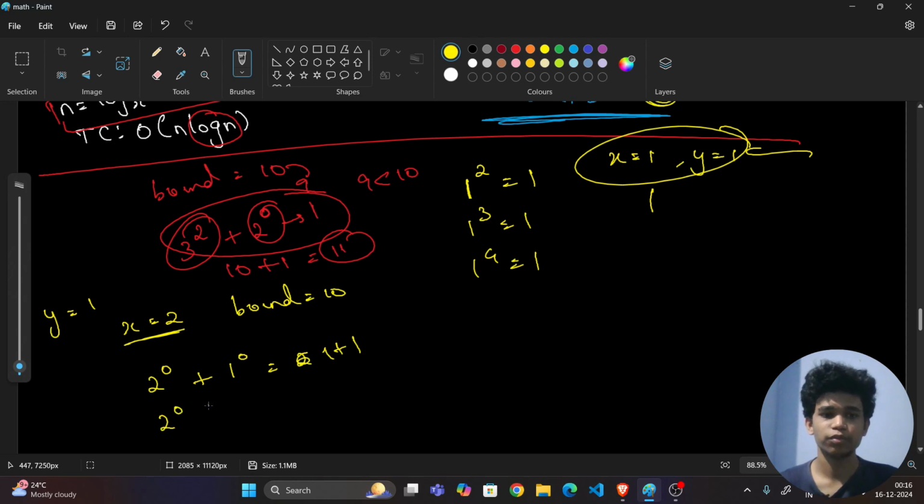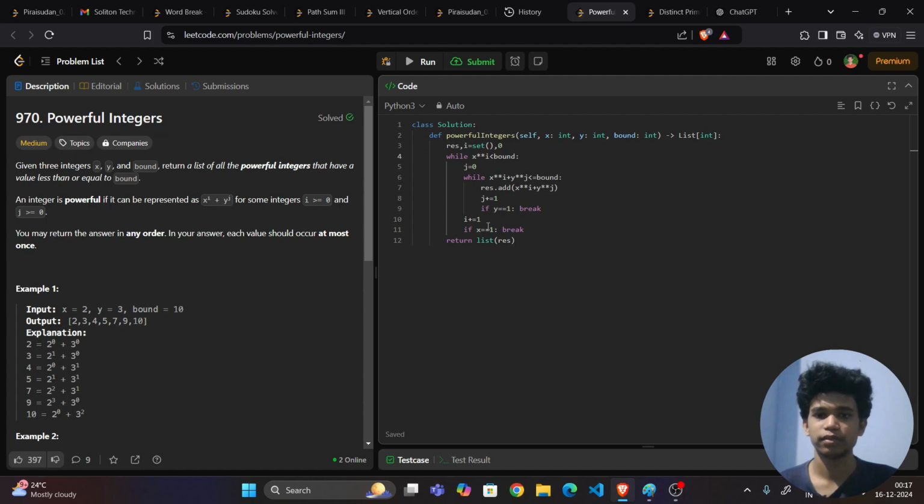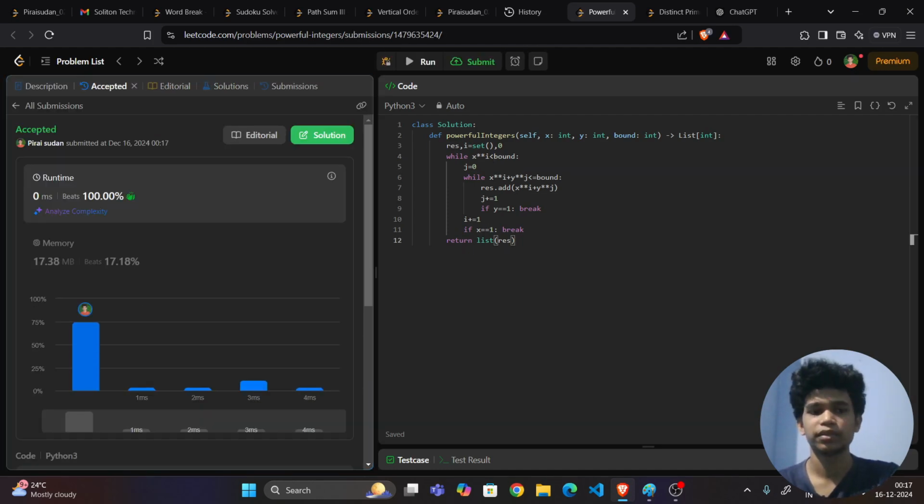Again, if I put 2 power 0 plus 1 power 1, again it will be the same. If I put 2 power 0 plus 1 square, again it will be the same. So this loop does not terminate, it will continue to infinity. That's why I am using this edge case condition. Okay, now at last I will return the list of the result. That's it. Let me submit it. Yes, it is submitted successfully. Thank you.